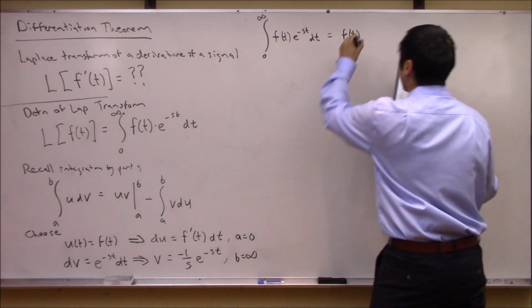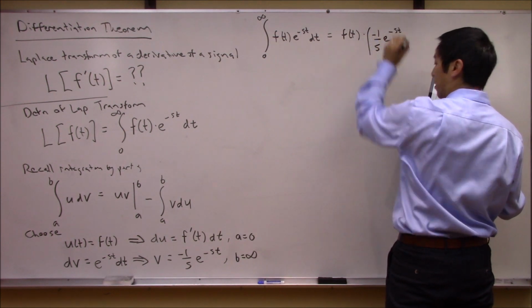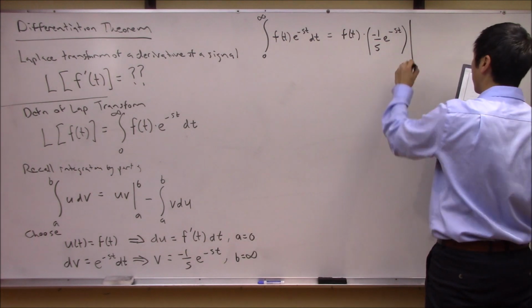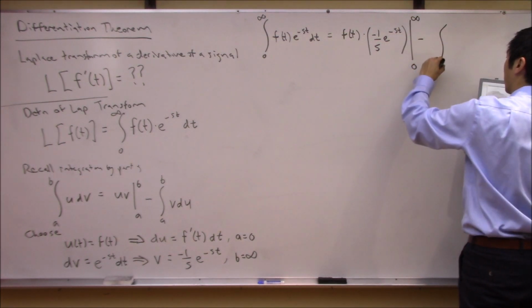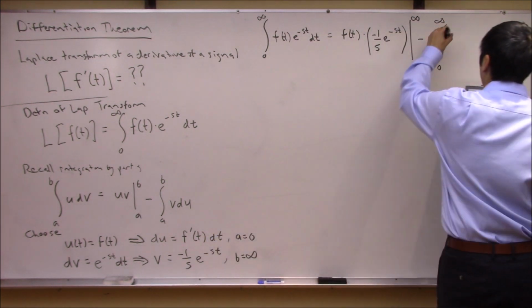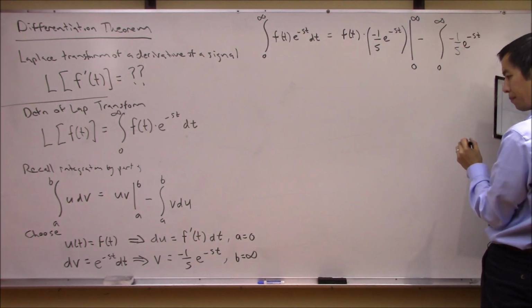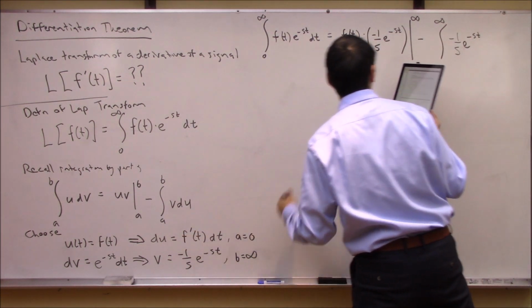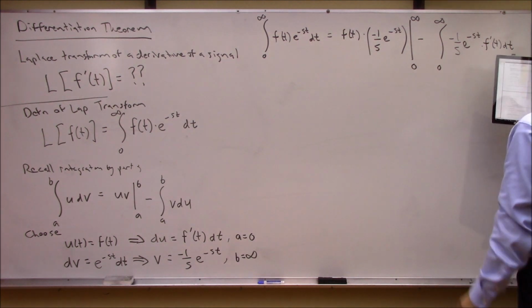Right here, times negative 1 over s e to the minus st. This thing is all evaluated between 0 and infinity, minus the integral from 0 to infinity of v du. V is right here, minus 1 over s e to the minus st, and then du is right here, times f prime of t dt. Did I get all that right?